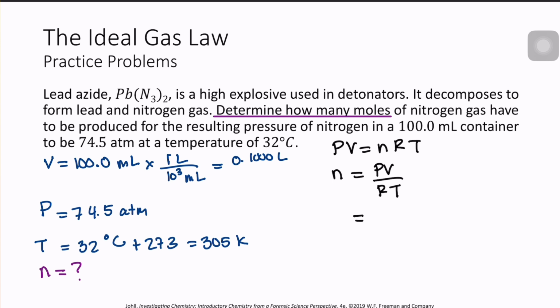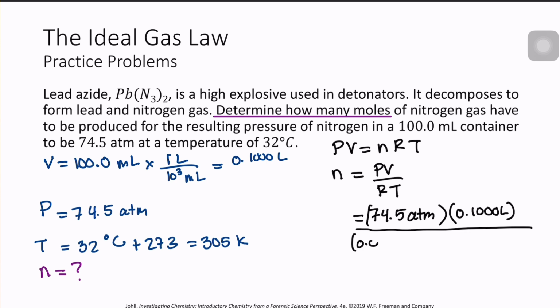So I can plug my pressure in, 74.5 atmospheres, and multiply that by my volume, which is 0.1 liters. And then I can divide that by my gas constant, 0.0821 liters times atmospheres over moles times Kelvin. And then finally my temperature.